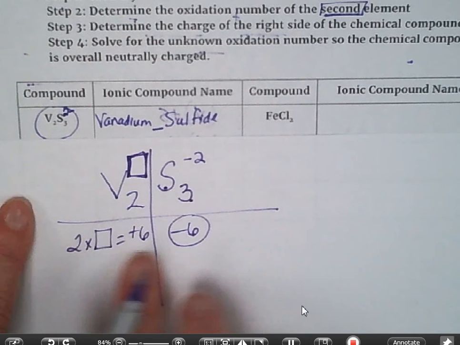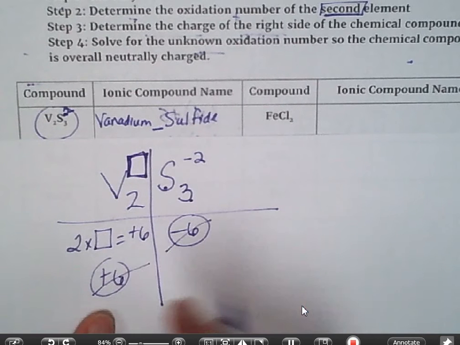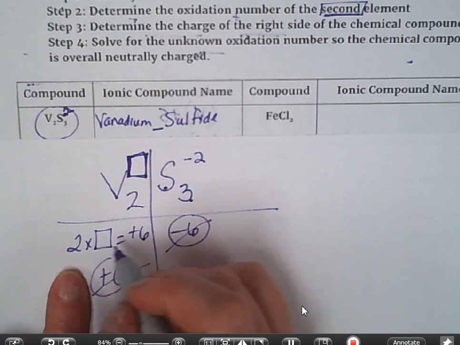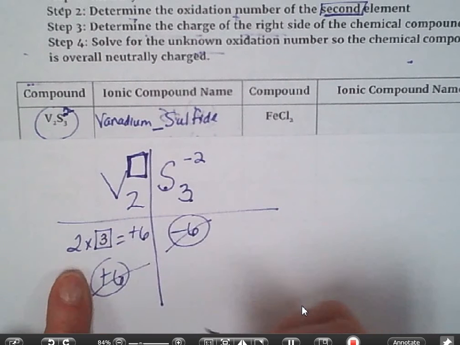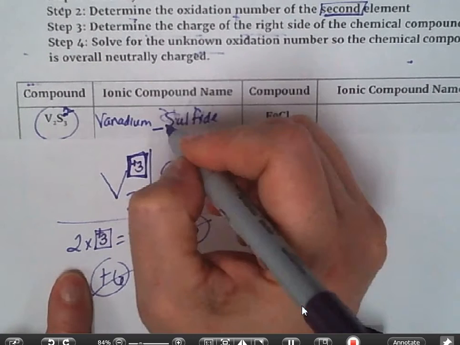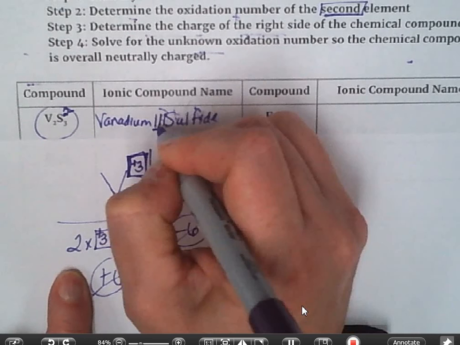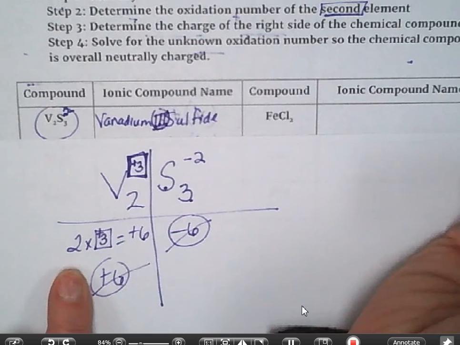If I have a +6 and a -6, I've zeroed out and am neutral, and that's what I need. So obviously, hopefully, you're here and you can say, oh, that's 3. So it's got to be a +3. So when I write it out, that Roman numeral is going to be 3. So I'm going to put the 3 in. So that's vanadium(III) sulfide.